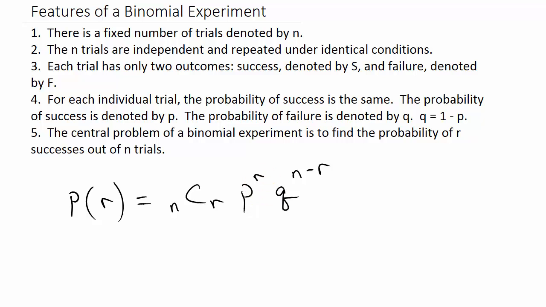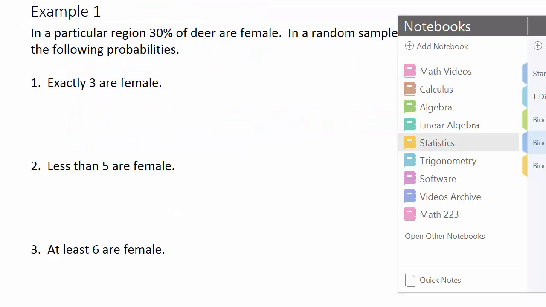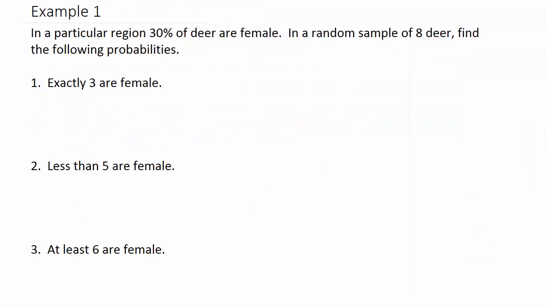All right, so let's get started on our first example. It says in a particular region, 30% of deer are female. In a random sample of 8 deer, find the following probabilities. Exactly 3 are female.